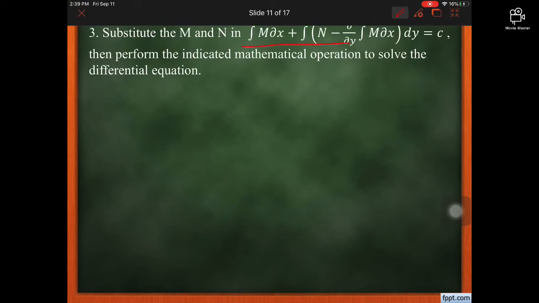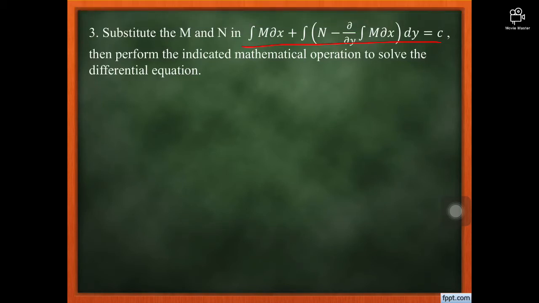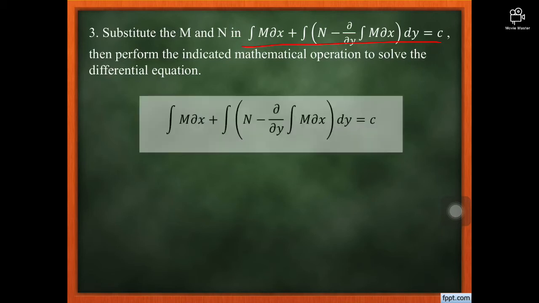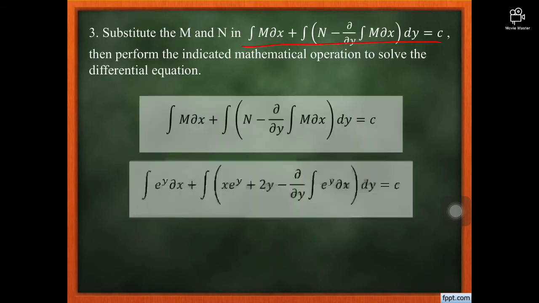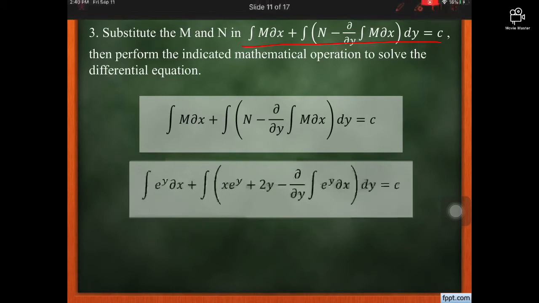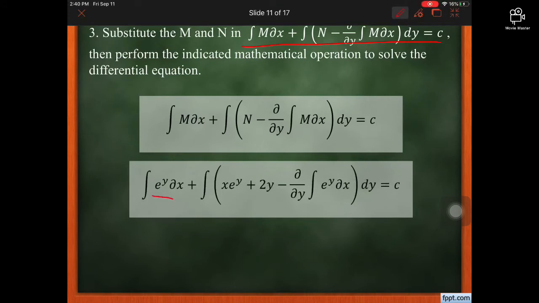Perform the indicated mathematical operation and solve the differential equation. Substituting our M and N, our M is equal to e raised to y, and our N is equal to x e raised to y plus 2y.